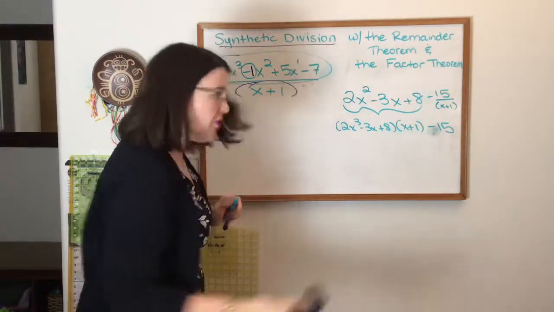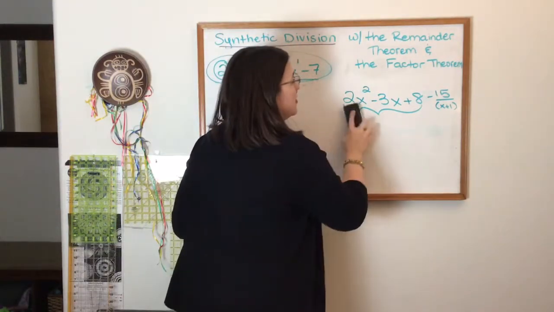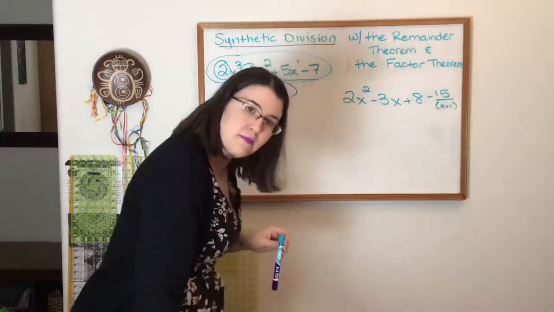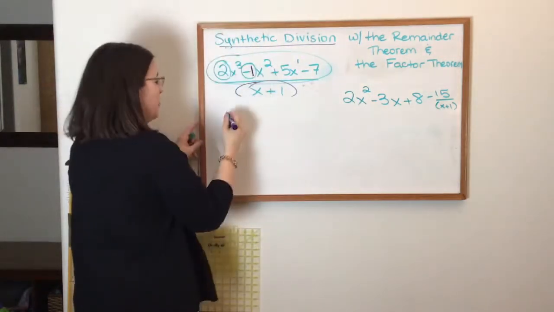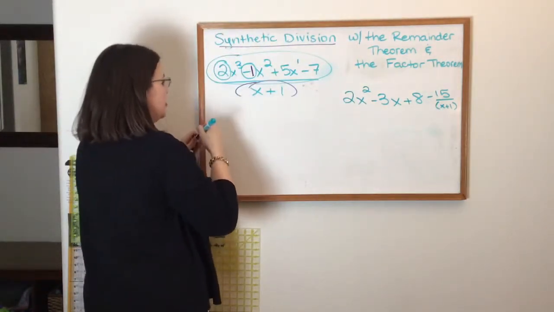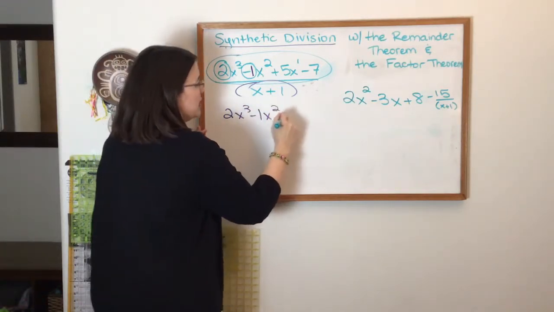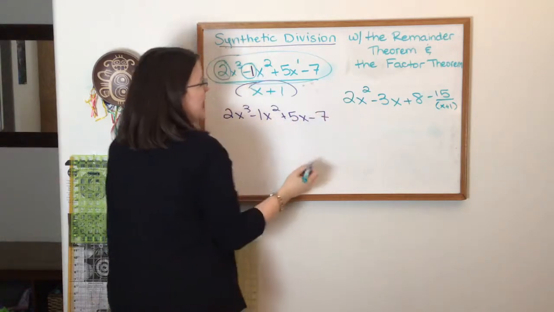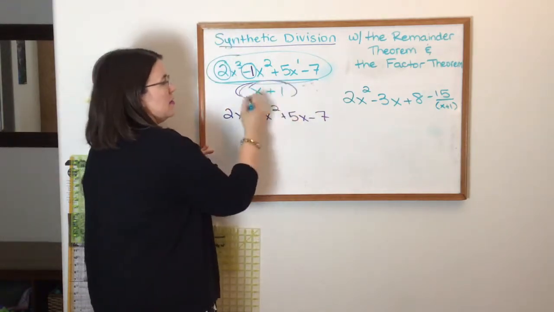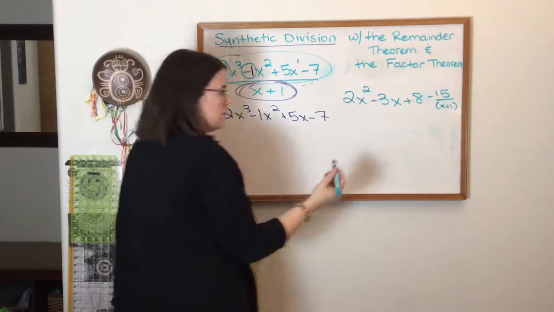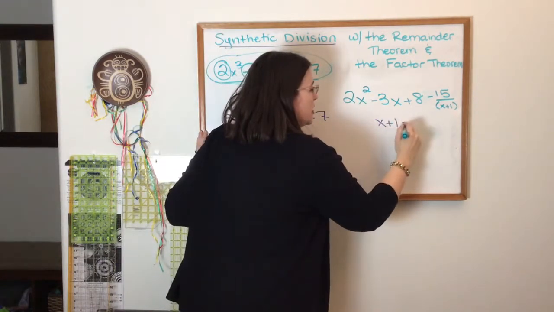The way the remainder theorem works is you take your original polynomial. So I would take my 2x to the third minus 1x squared plus 5x minus 7, and I plug in the 0. All right, so x plus 1 equals 0.